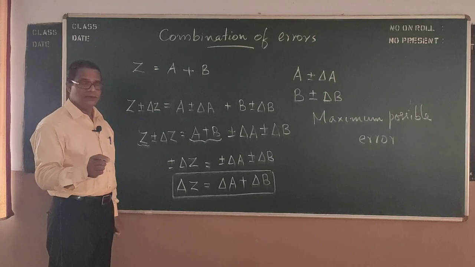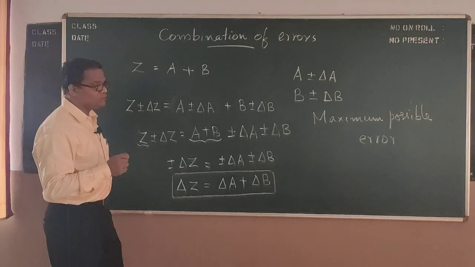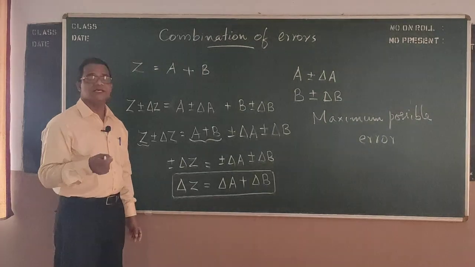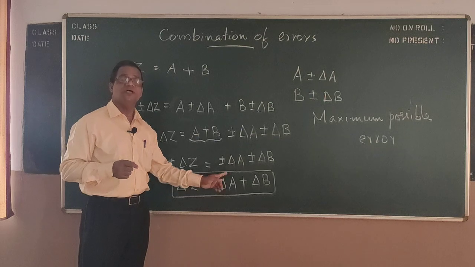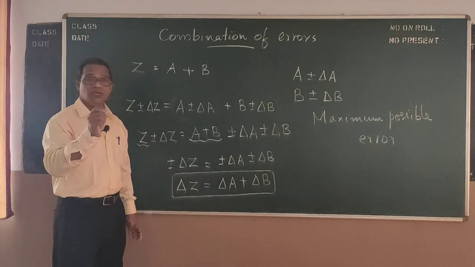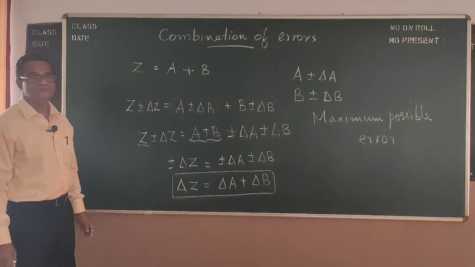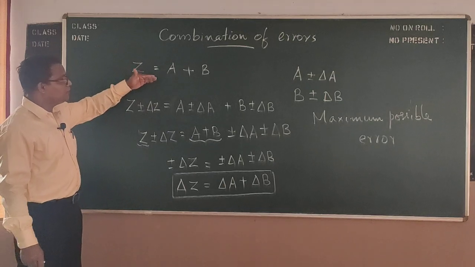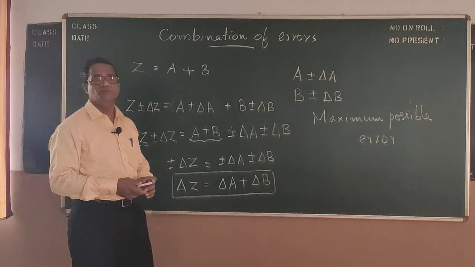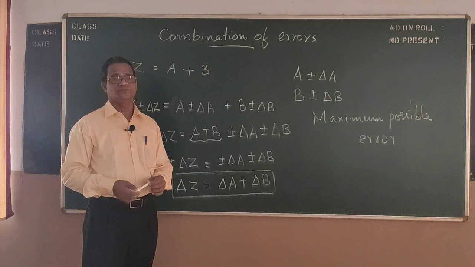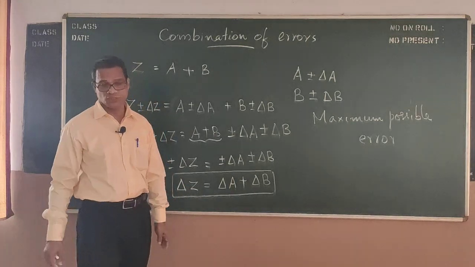So remember, the maximum possible error in the final measurement of the addition process and the subtraction process is nothing but the sum of the errors in the individual measurements. This is about the addition and subtraction processes, and you have to remember only the final result for the two.